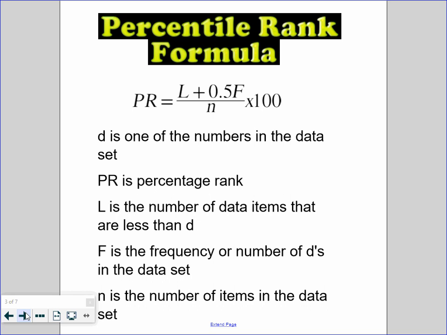So if D in the data set is the number 5, the frequency is how many 5s are in the actual data set. And N is the number of items in the data set. So if there are 50 numbers that make up the data set, then N is 50 because that's the total number of items.